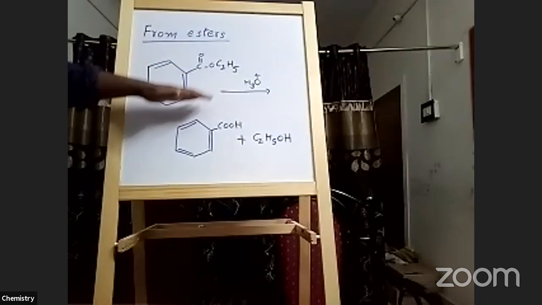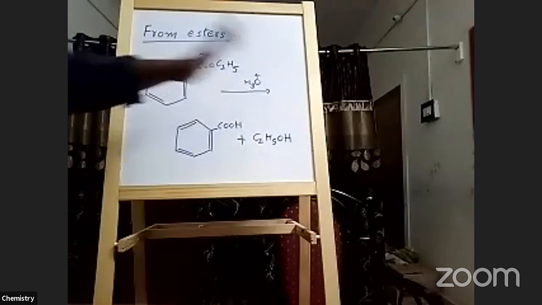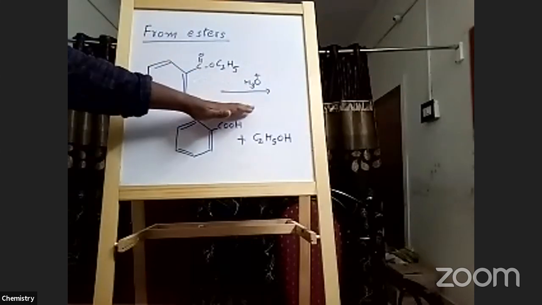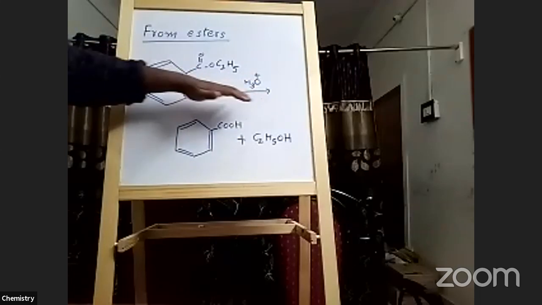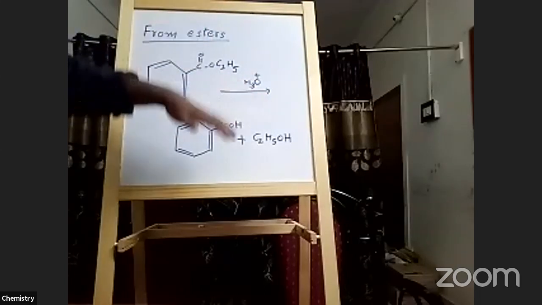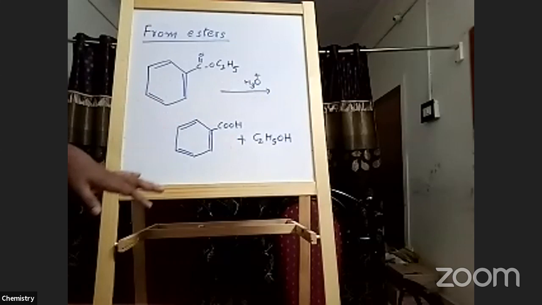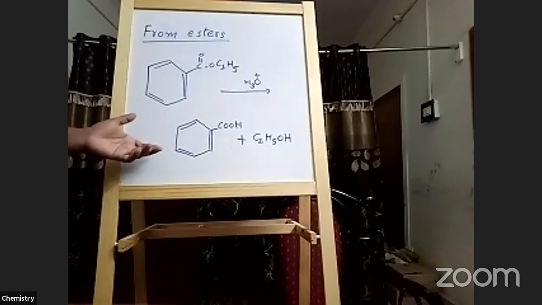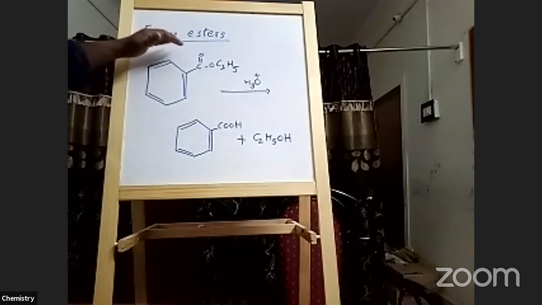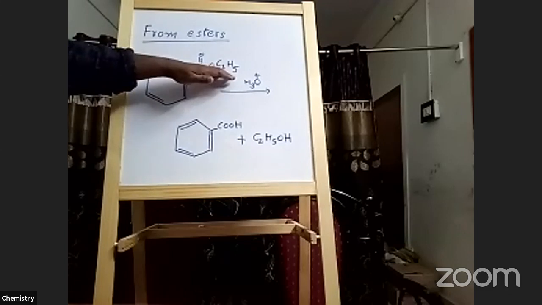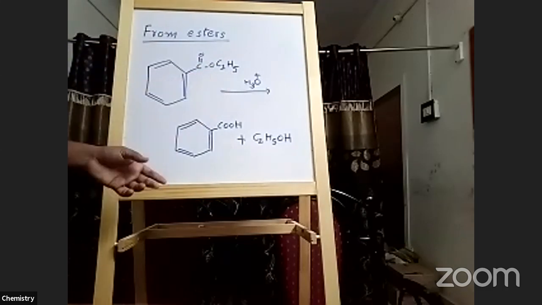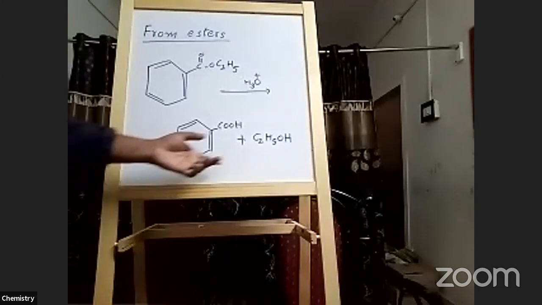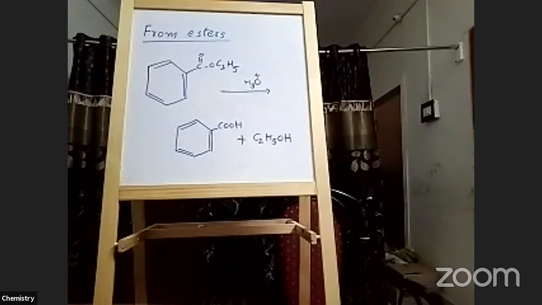So this is the preparation of carboxylic acids from esters. RCOOR is the functional group. With water hydrolysis, we are getting carboxylic acid and alcohol, C2H5OH. Understood?